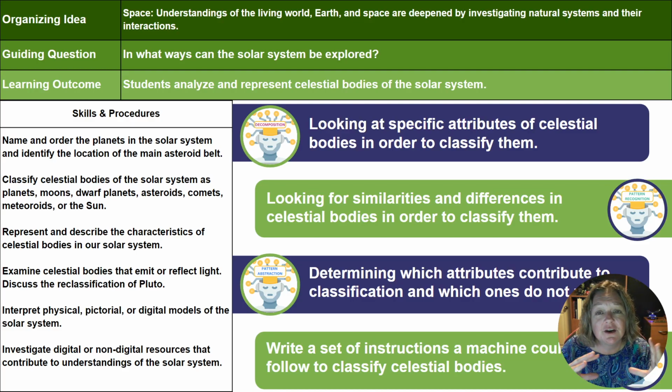And as we start to look at those specific attributes, we'll start to look for similarities and differences between them in order to create some types of groupings or put them together. And that's that pattern recognition piece. Let's find some patterns so that we can start sorting these different components out and determining where they belong in our whole solar system. What's their purpose, and what do they do for the solar system?